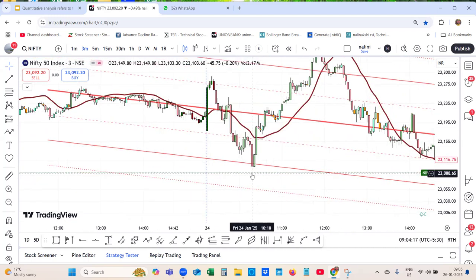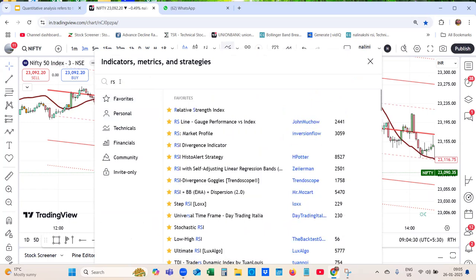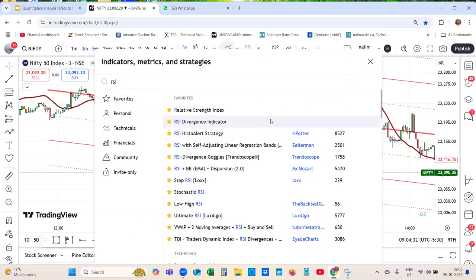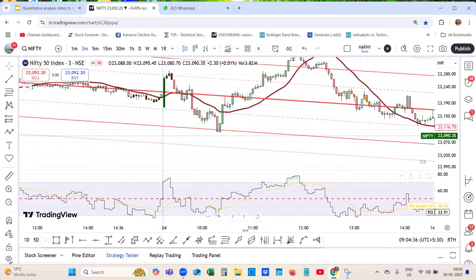I'll show it to you later. When it came down, the RSI reading might be in an oversold condition. Let me apply the RSI. You can combine this strategy with RSI. So you can see RSI is in oversold condition.